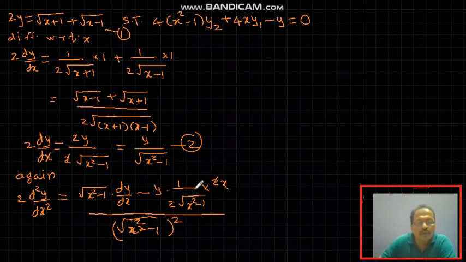Here 2 and 2 will get cancelled. This bracket square and bracket will nullify each other. The denominator remains x square minus 1.